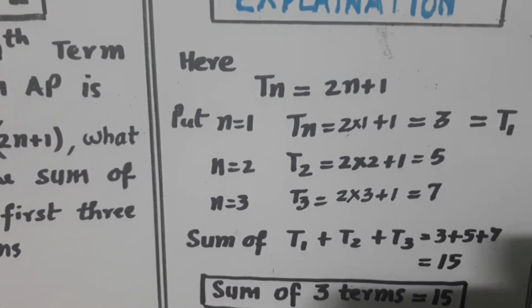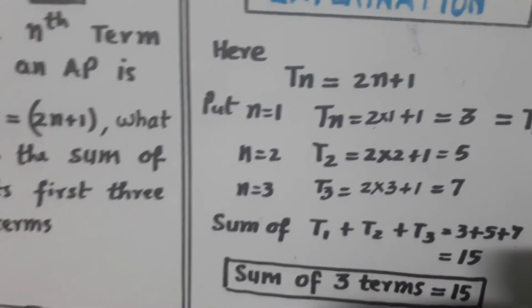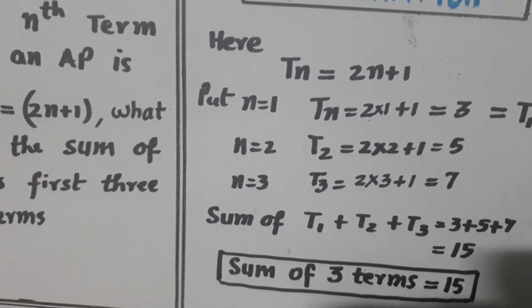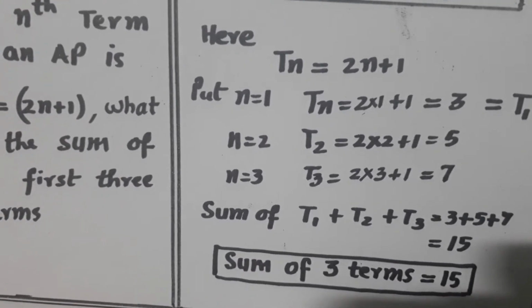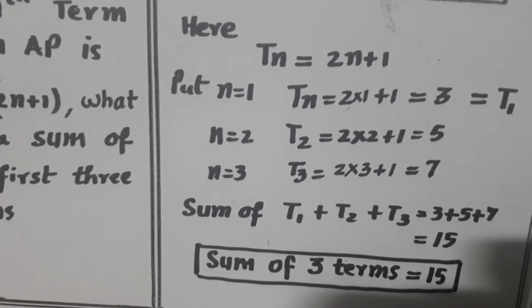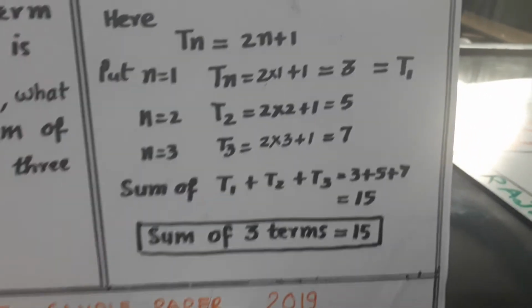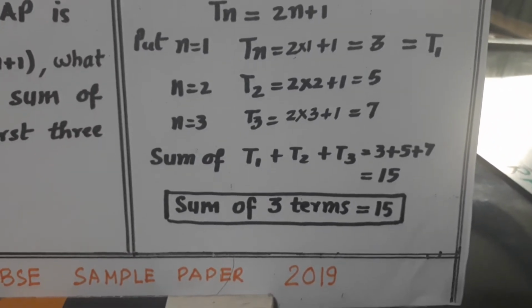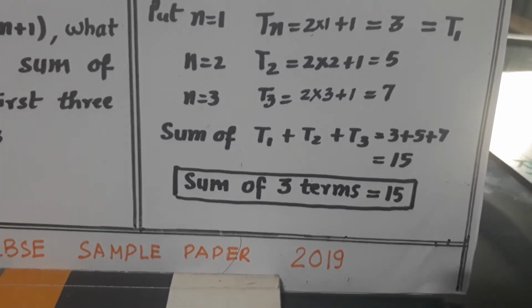Put n equal to 2, you get 5. Put n equal to 3, you get 7. So T1 is 3, T2 is 5, T3 is 7. Add these because we want to find the sum. So T1 plus T2 plus T3, the sum of 3 terms is 15. Now let us go further.